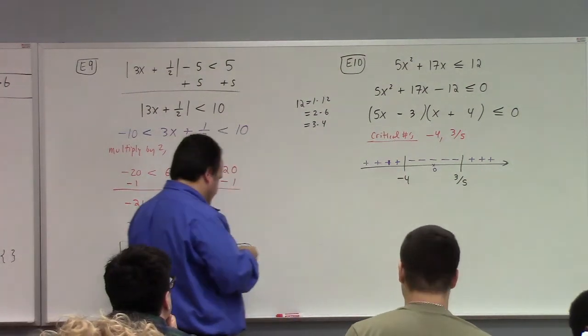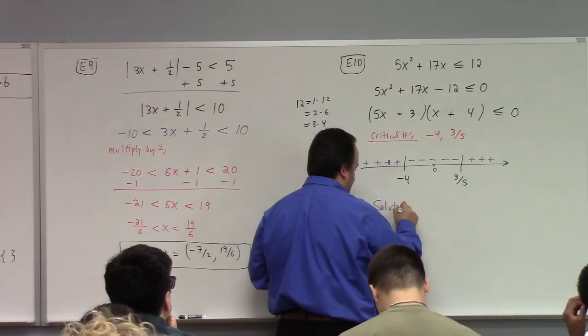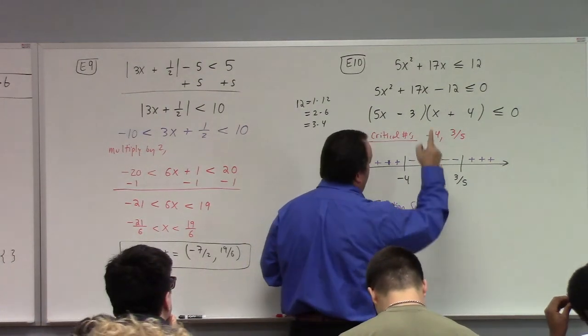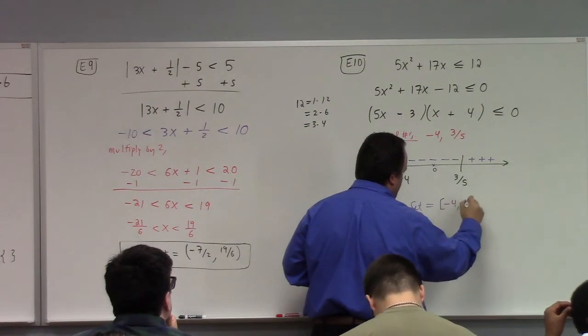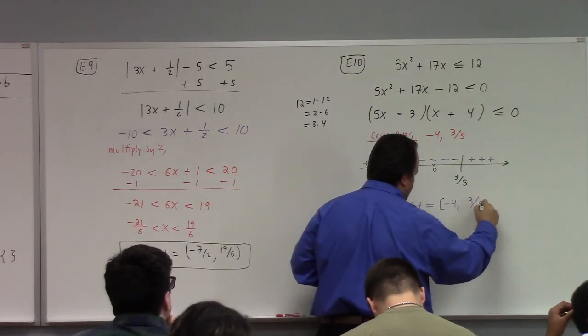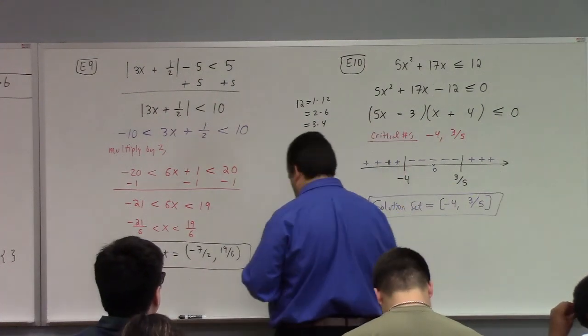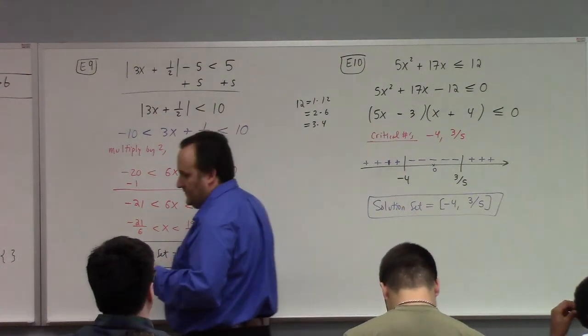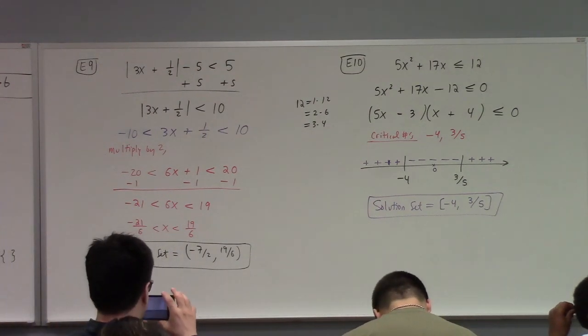What is the solution? The negatives, right? Because we're solving less than or equal to 0. So we do minus 4 to 3/5. And I included the endpoints. Why did I include them? Because we're solving equals to 0. There's no division by 0, no funny business. So that's it.